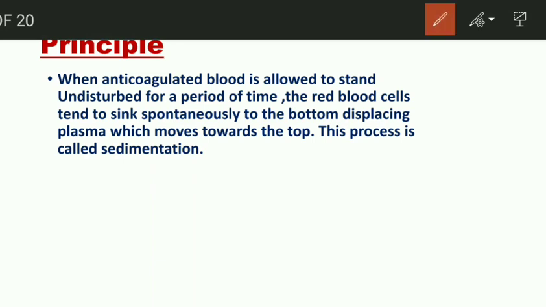Here we can see when anticoagulated blood is allowed to stand undisturbed for 1 hour, the RBCs sink to the bottom, displacing the plasma towards the top. This process is called sedimentation or erythrocyte sedimentation, and the rate at which the RBCs fall down is called erythrocyte sedimentation rate.